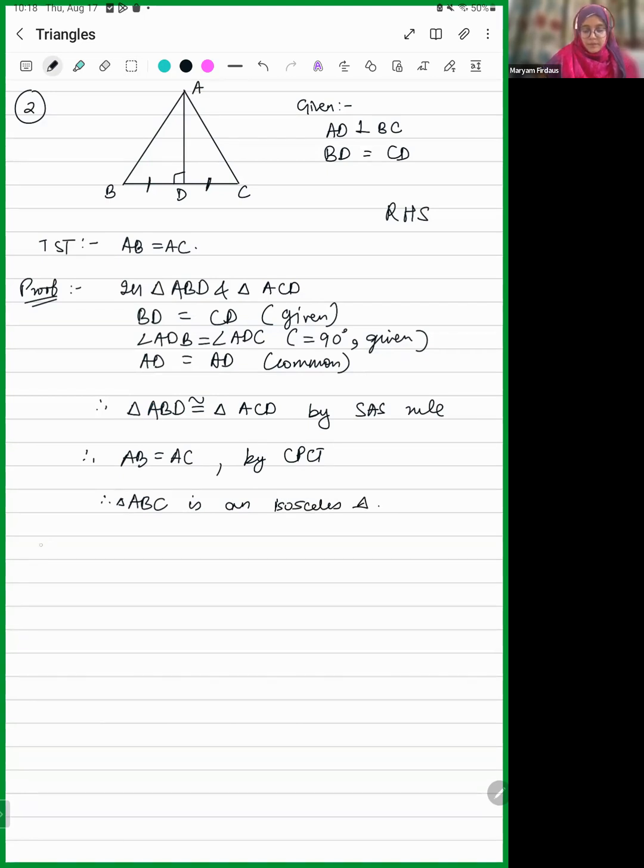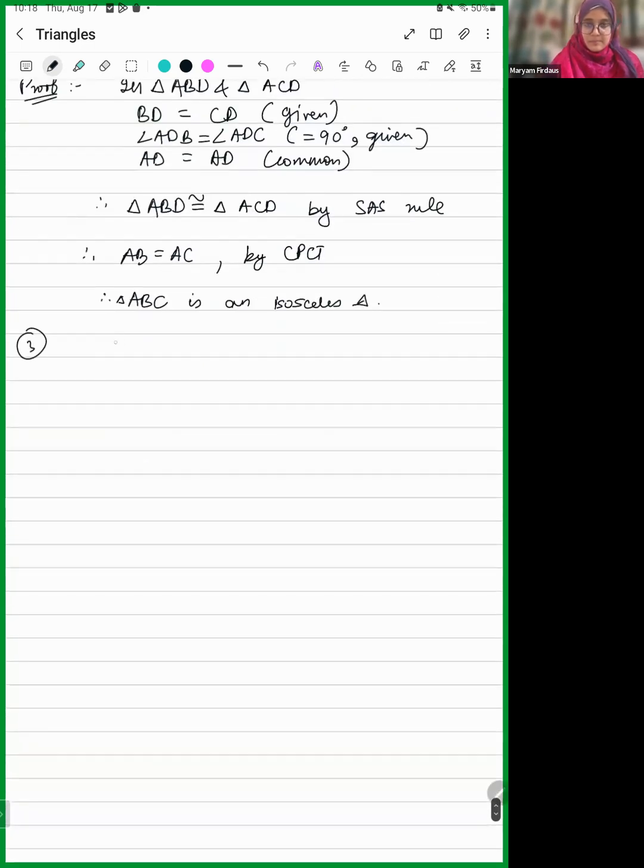Okay. Third question. So we are given that this is an isosceles triangle.